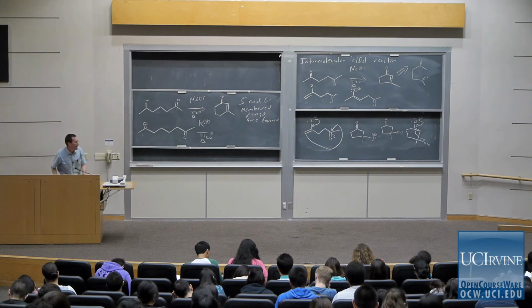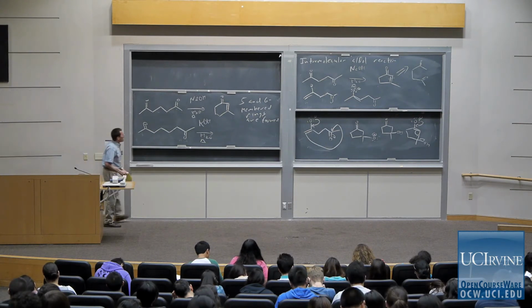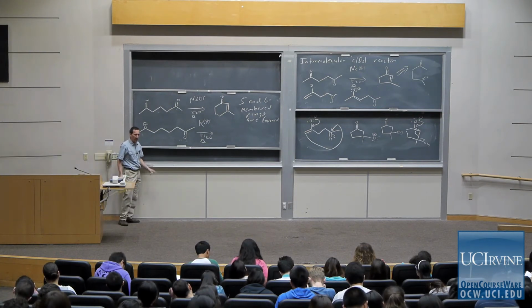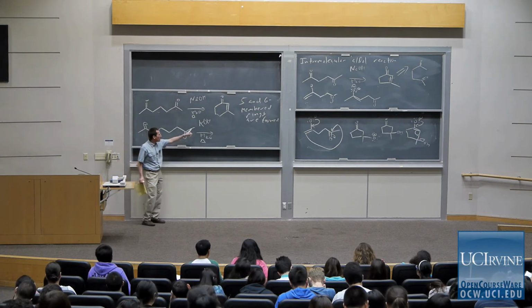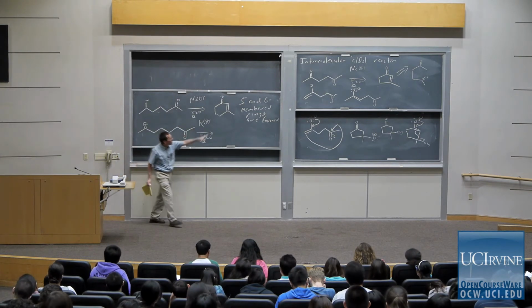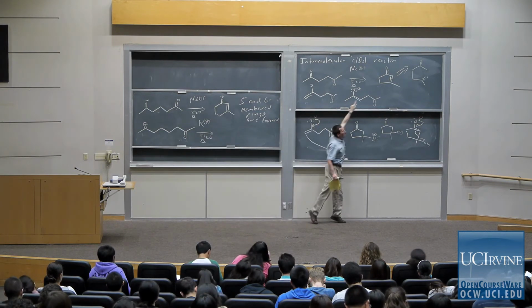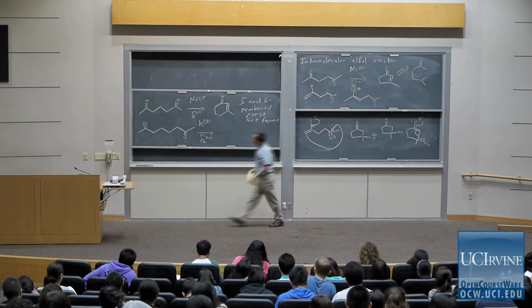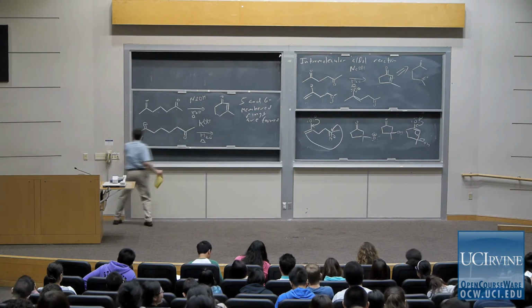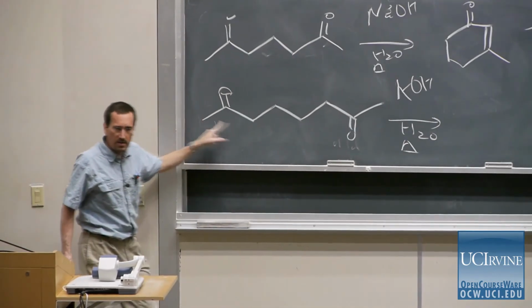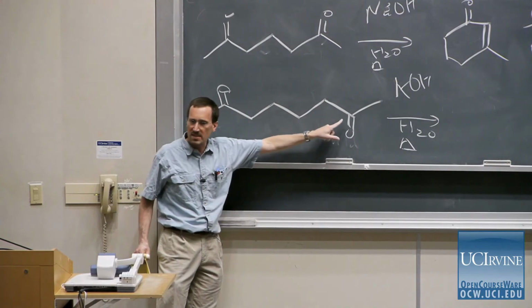No particular difference. Now, I said 7-membered rings don't like to form. So now remember, we can form all these different enolates. We can enolize on this side, we can enolize on that side. If we start to enolize toward the methyl group here, and you imagine cyclizing, that'll form a 7-membered ring.